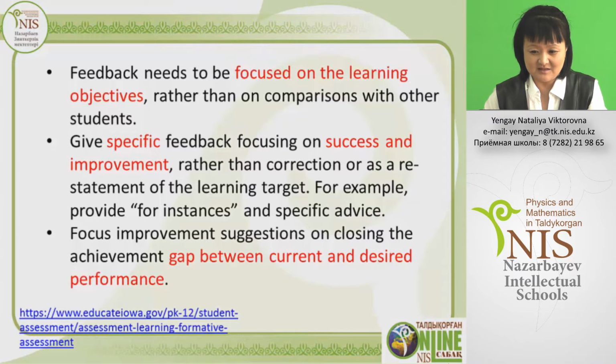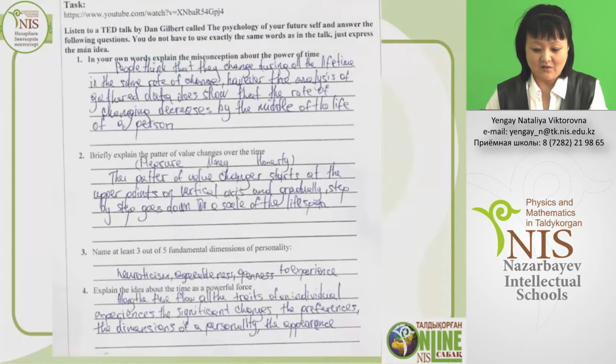Let's consider an example of feedback on learners' work on L4. Understand implied meaning in unsupported extended talk on a range of familiar and unfamiliar general and curricular topics. The task was constructed on the basis of the TED Talk, The Psychology of Your Future.